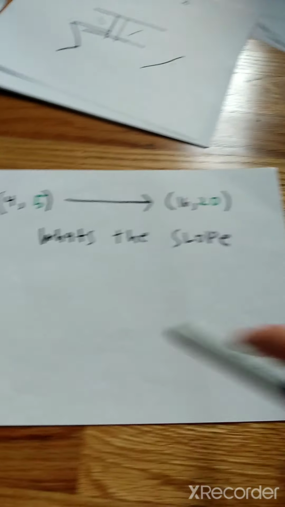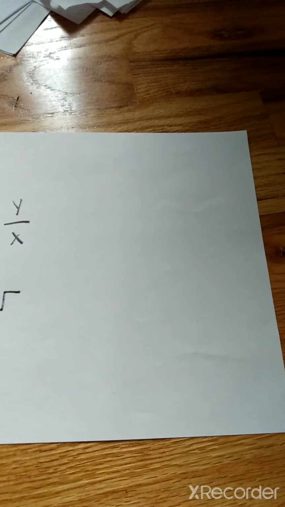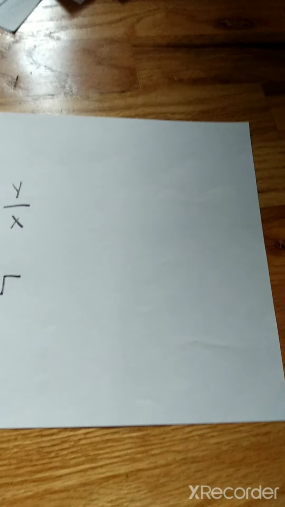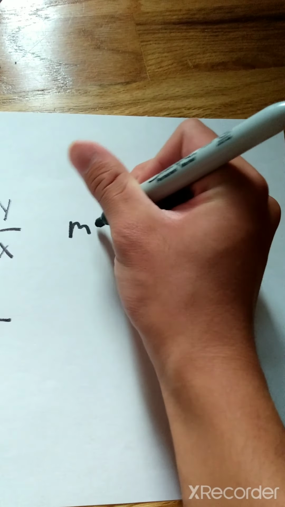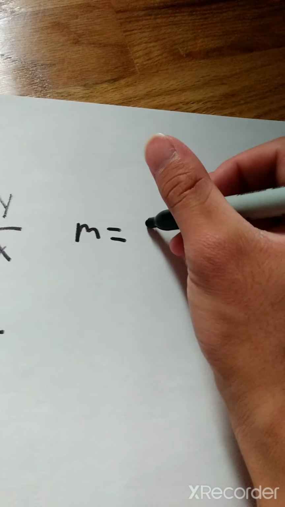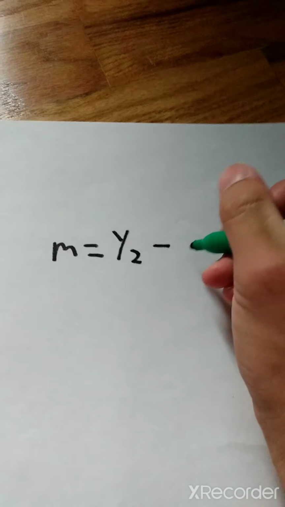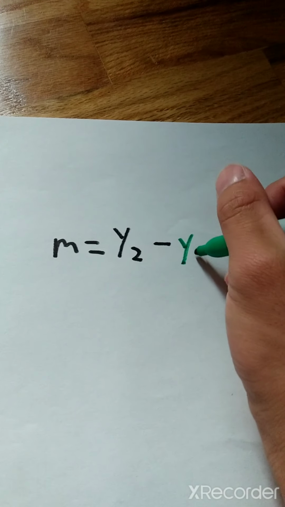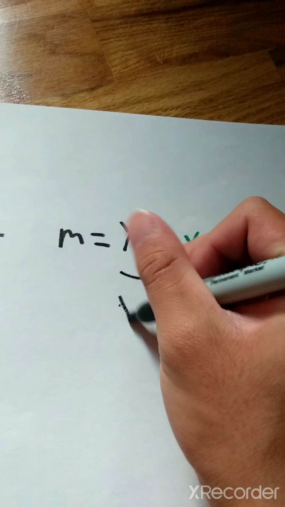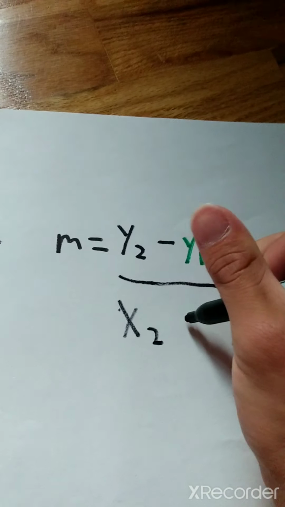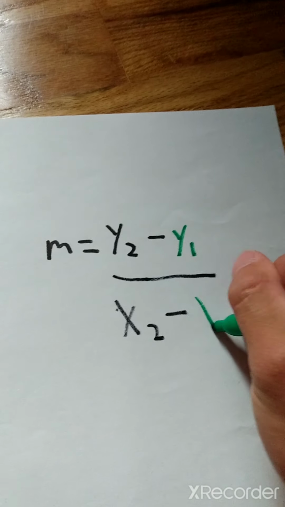But since we're finding the slope of two points on the graph, there is another formula that we're going to be using. The letter m means the slope. The slope is the second y subtract the first y, divided by x2, the second x, subtract the first x.